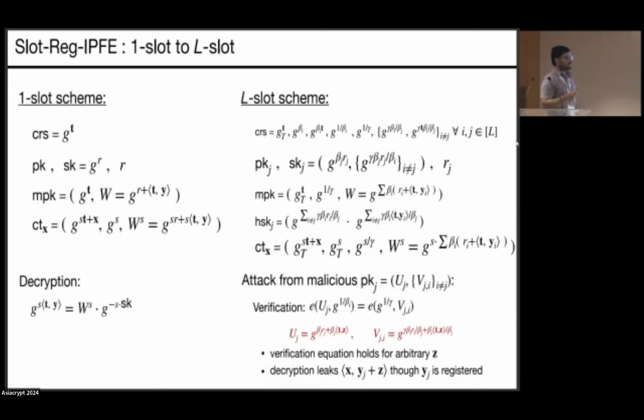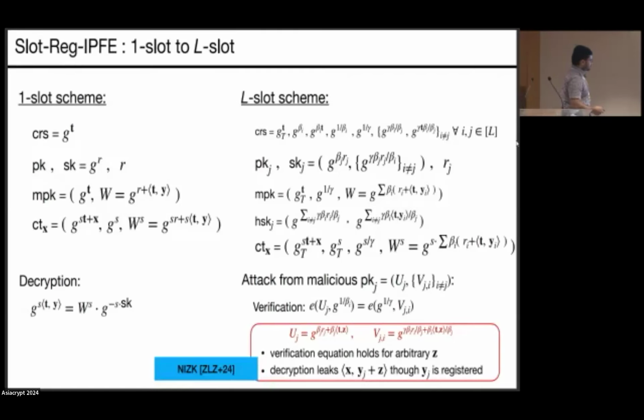This means that the decryption leaks the inner product between x and y_j plus z, although at the time of aggregation, the user j registered y_j instead of y_j plus z. This is a problem because we get undesired information about the plaintext.